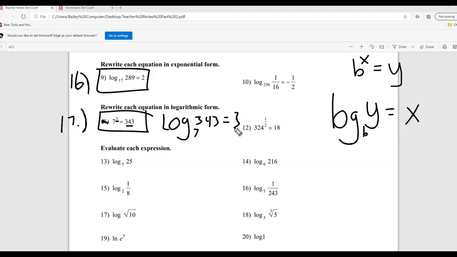Okay. Now we can work backwards as well. When you're writing this as an exponential function, we don't have the word log anymore, so we get rid of that. The 17, the little subscript there, represents the base of our exponential function, and the input and output get switched. So the 2 goes in the input, and the 289 goes on the output. Okay, so that's rewriting exponential functions and log functions.